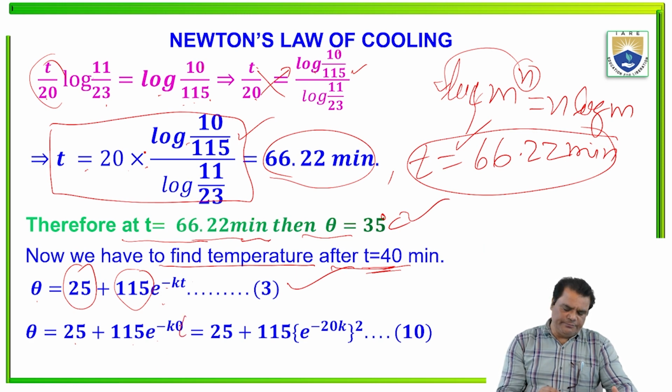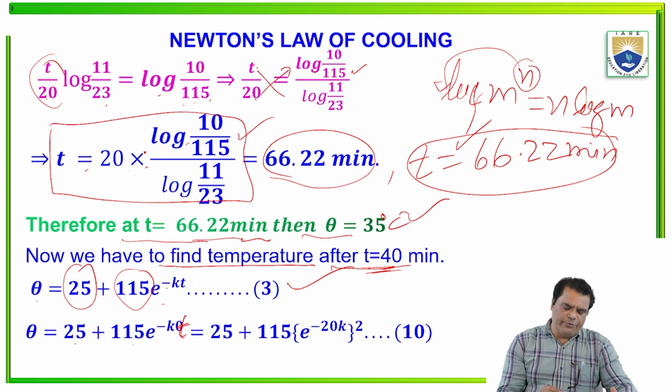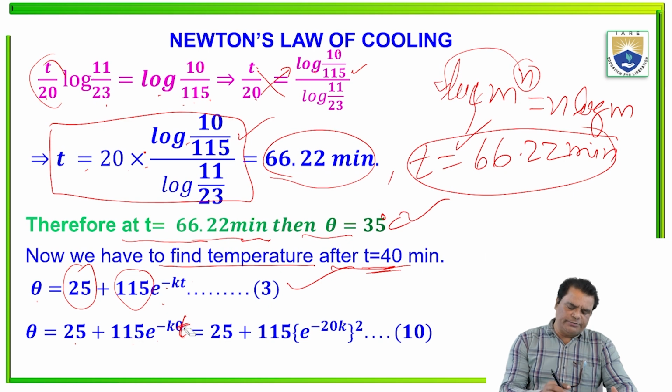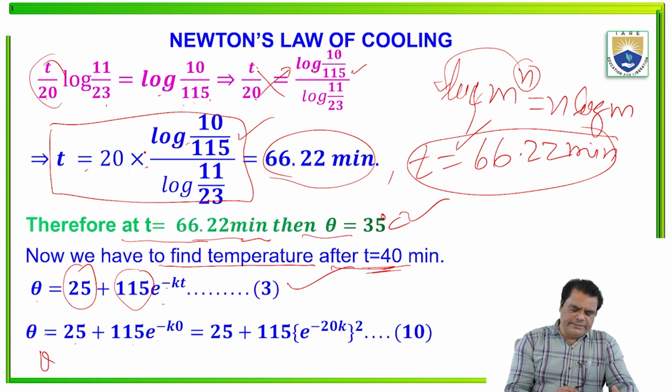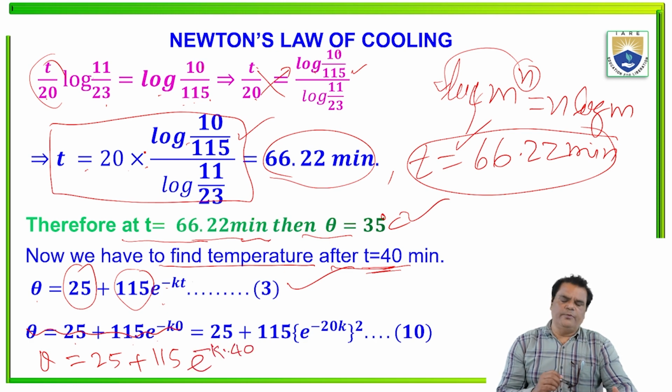Here kt is multiplied by 20; t is 40. Putting t equal to 40, theta equals 25 plus 115 e to the power minus k into 40.